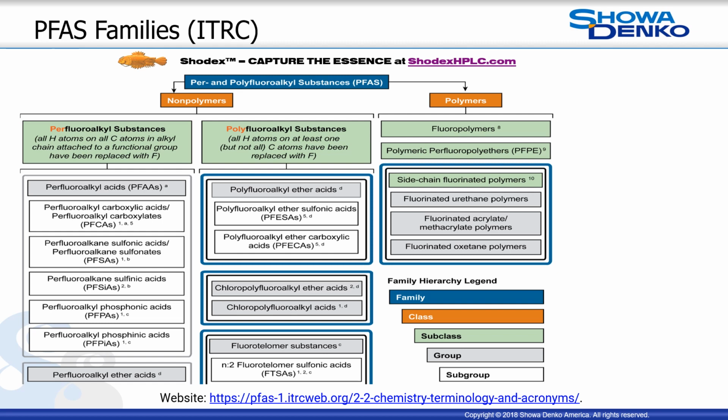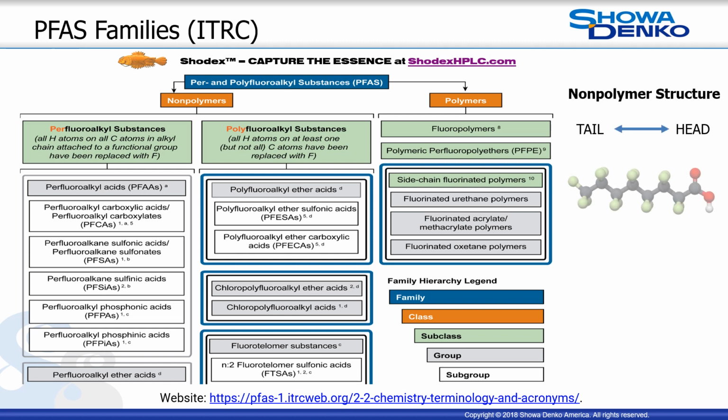In the environment, some PFAS are mobile and others are immobile, and some bioaccumulate while others do not. Please refer to the references at the end of this presentation for a link to this article.